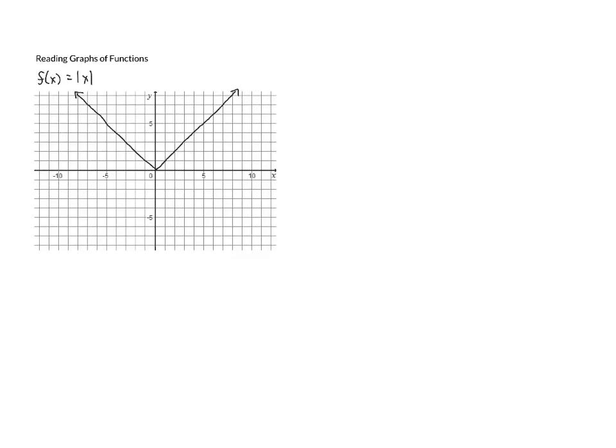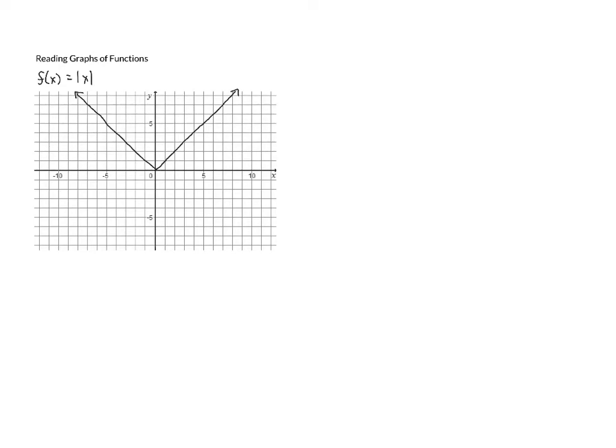All right, so what we're going to do first is take a look at the graph of f of x equals the absolute value of x, which looks like this. If you want to take a moment to draw this graph yourself, pause the video and do so. But to make these videos shorter and save time and bandwidth, I'm just going to have them appear magically.